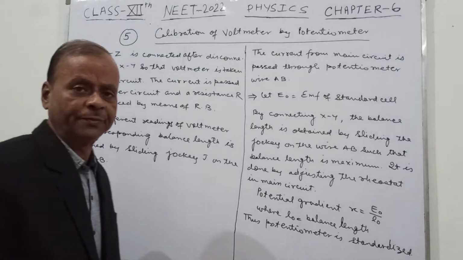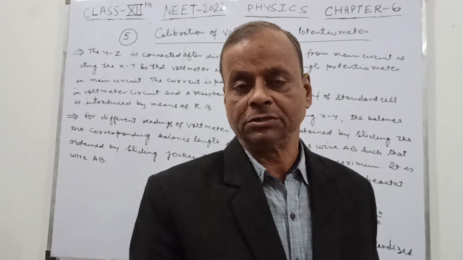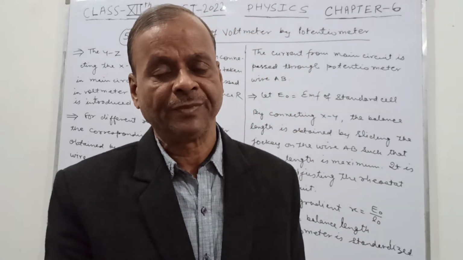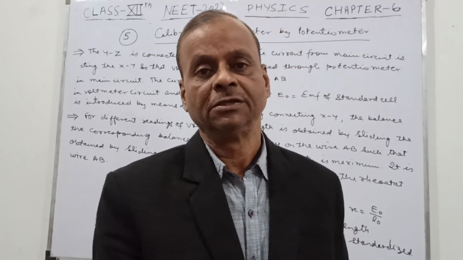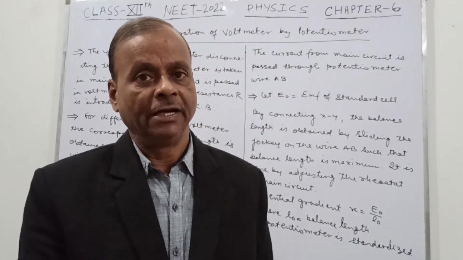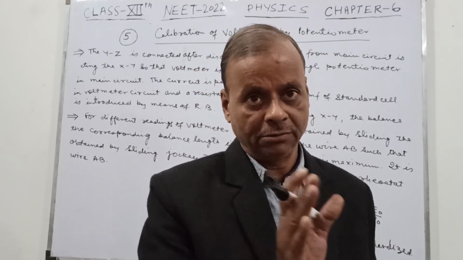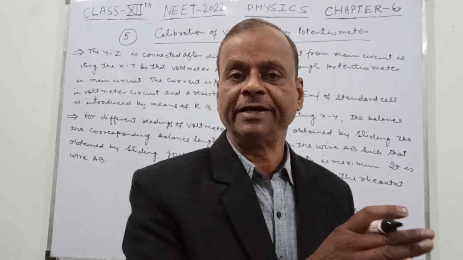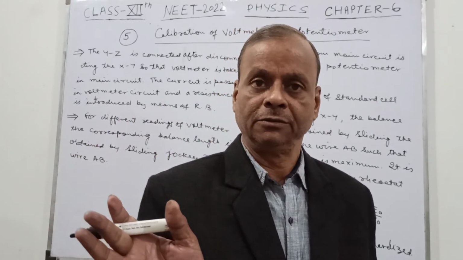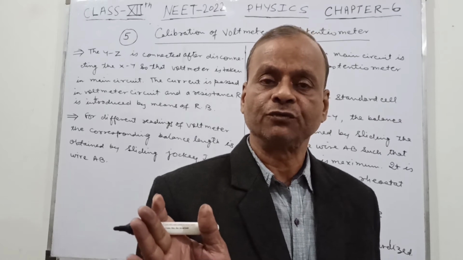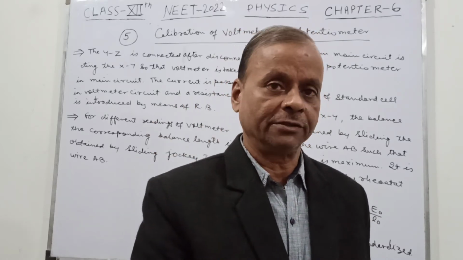So once you take the voltmeter reading, suppose this is 0.1 volt, then find the corresponding length. Suppose 0.2 volt, then find the corresponding length of the potentiometer wire, and go on increasing the voltmeter reading and find the corresponding balance length of the potentiometer wire.